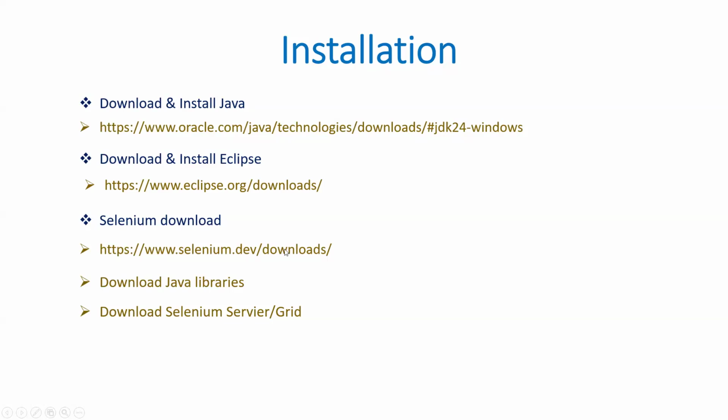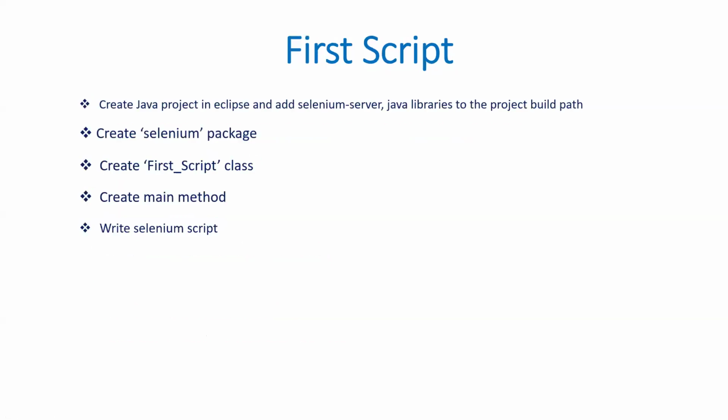We also downloaded the drivers, but right now it is an optional step. It is not mandatory to download the drivers manually, because it will be taken care of by Selenium WebDriver automatically in Selenium 4. So that's what we have seen up to here.